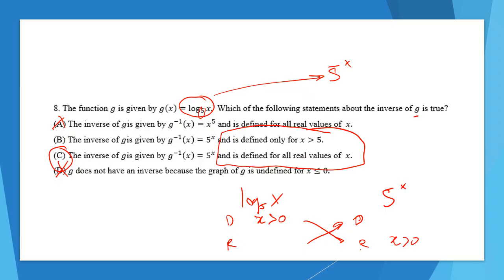That's unfortunately not what our question is asking, but for our range for a log function here, because one side goes up forever and one side goes down forever, this is going to be y is equal to all real numbers. So all real numbers should also be the domain for the exponential, making C the correct answer there.